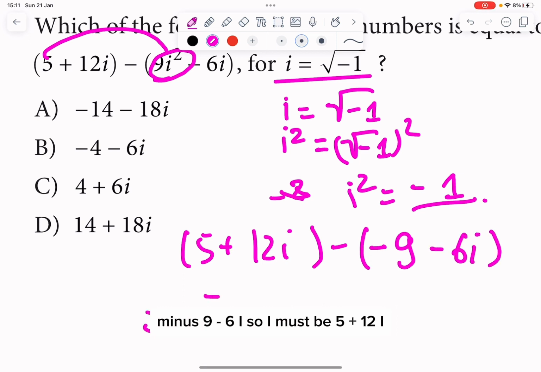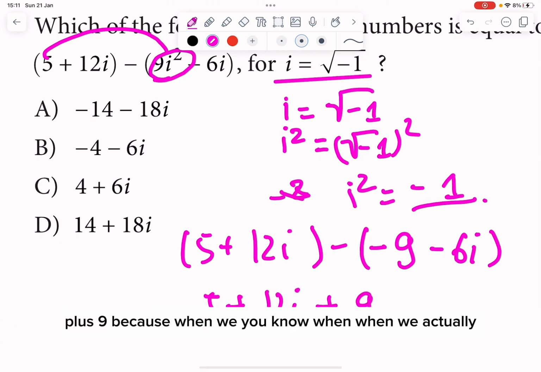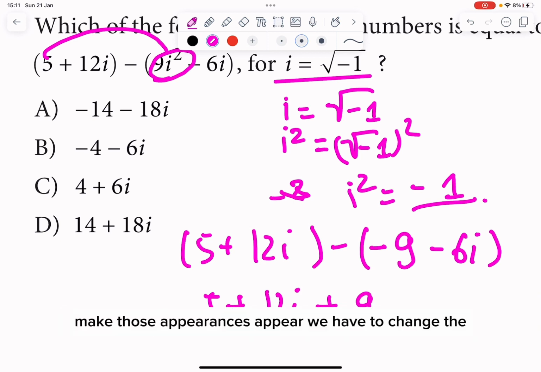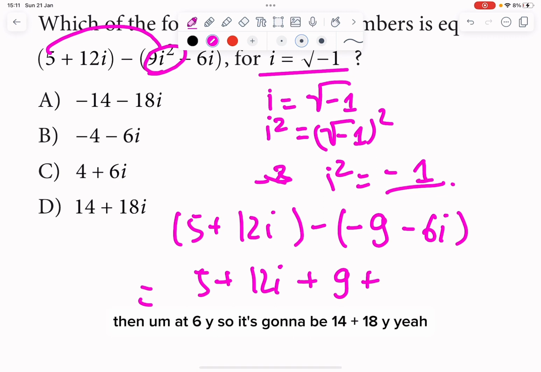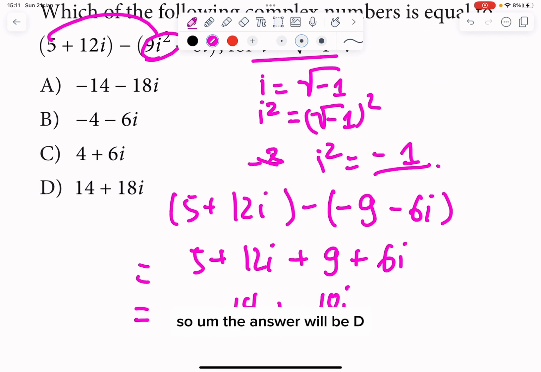So 5 plus 12i plus 9, because when we actually make those parentheses disappear, we have to change the signs. And then add 6i, so it's gonna be 14 plus 18i. Yeah, so the answer will be D.